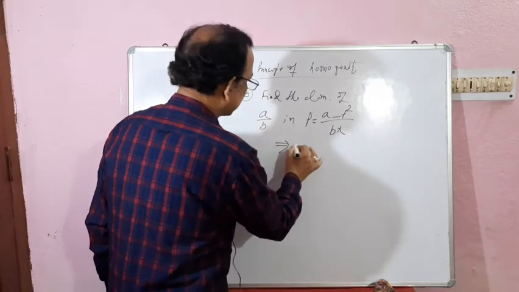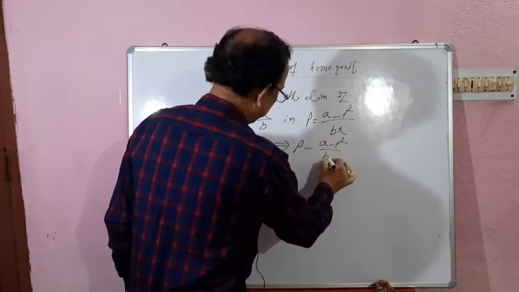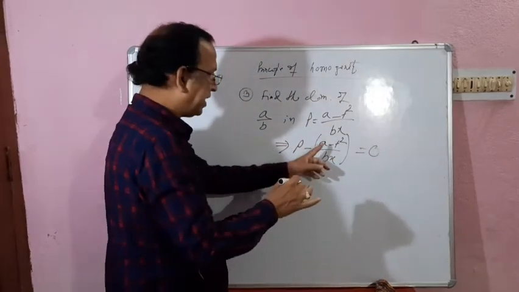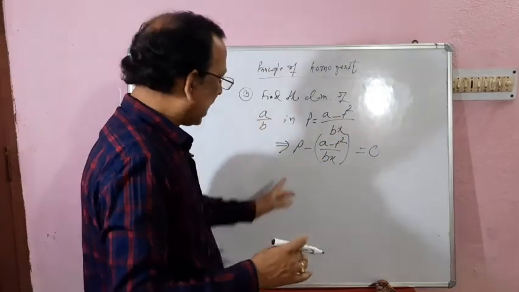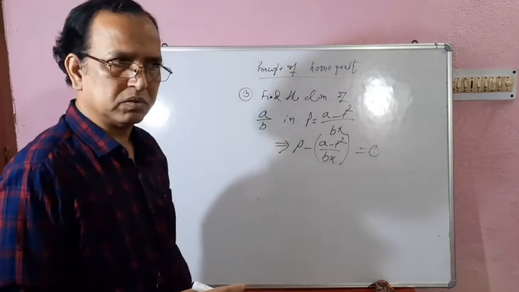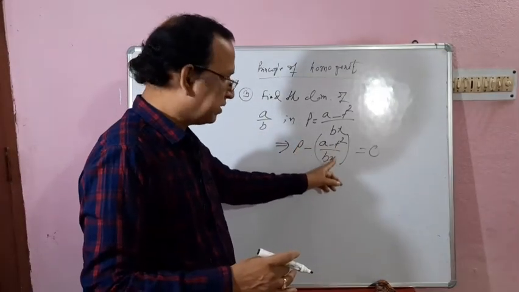This implies P minus A minus T square by Bx is equal to 0. So the dimension of P is equal to the dimension of this.